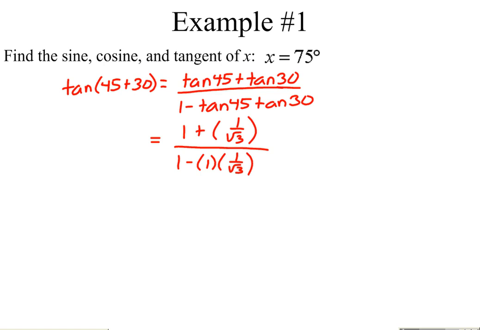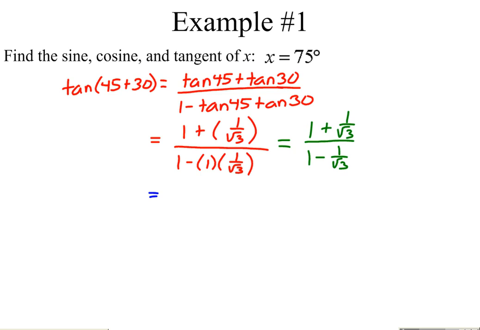From here, begin simplifying. We're going to end up with a complex fraction here. We end up with 1 plus 1 over root 3 over 1 minus 1 over root 3. There's our complex fraction. Get a common denominator and begin simplifying. Remember, for a complex fraction, 3 steps.